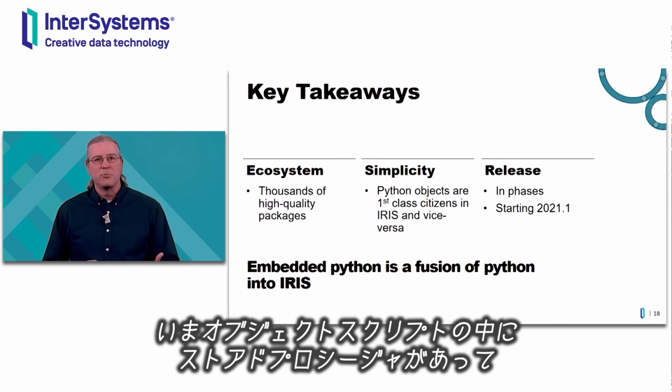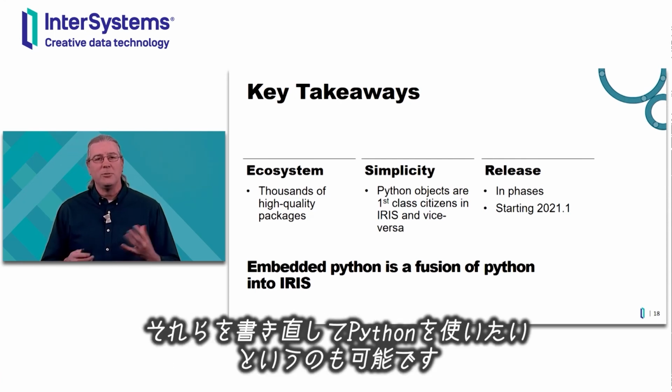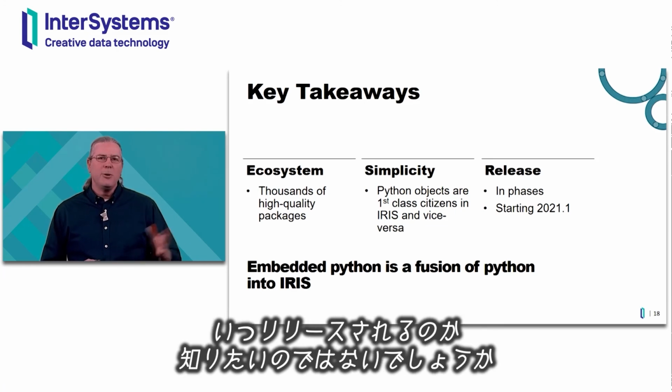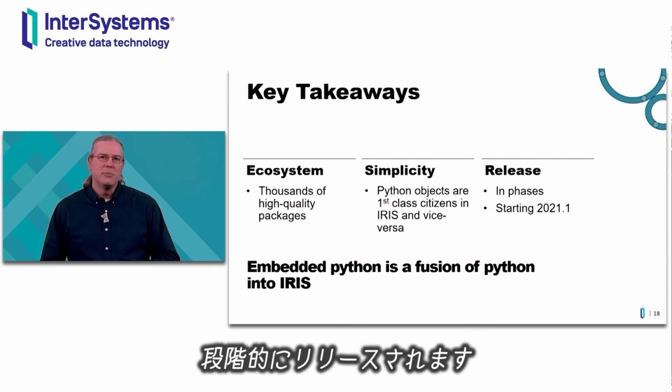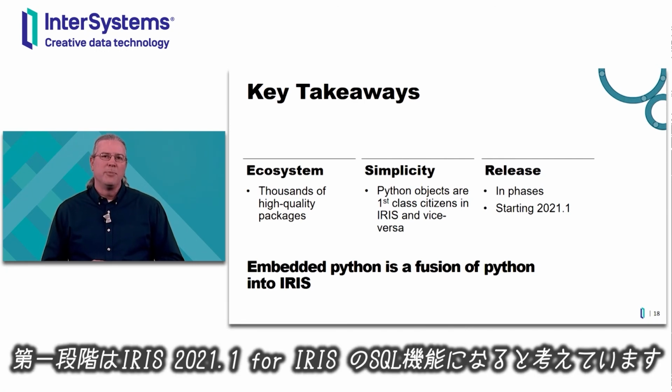So if you have some stored procedures in ObjectScript today, but you want to rewrite them to use some Python, you'll be able to do that. And I know you all want to know this. When is this going to be released? It's going to be released in phases. The first phase we are anticipating being Iris 2021.1 for Iris in SQL.